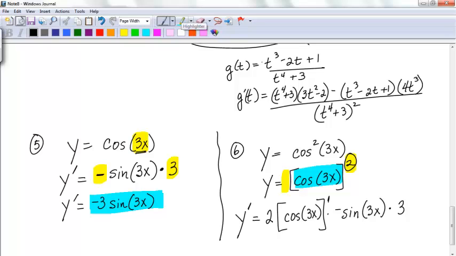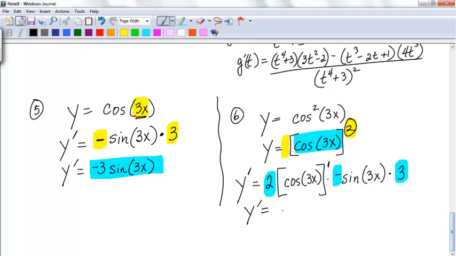I just haven't rewritten it yet. So now you take this times a negative 1 times 3 and put that out front. So y prime equals negative 6 cosine of the angle 3x times the sine of 3x. And that's the final answer.